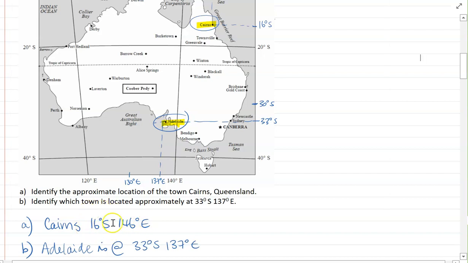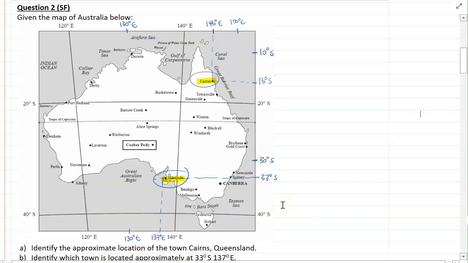Remember, the latitude comes first, the longitude comes second. For part B, we had to find where 33 degrees south was, so approximately here, and then coming across to our longitude, finding where you think 137 degrees east is and going up to the 33 degrees south, and you'll find Adelaide there.